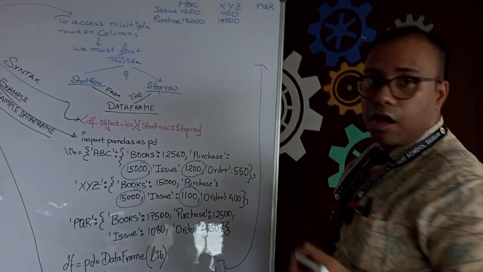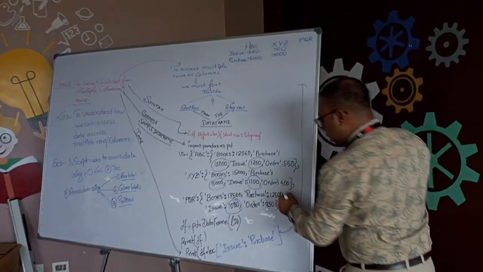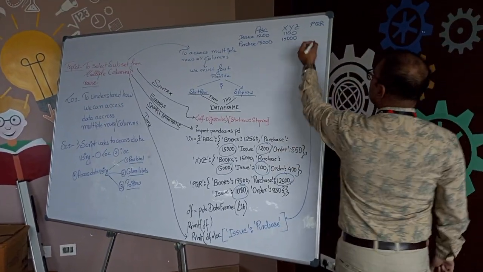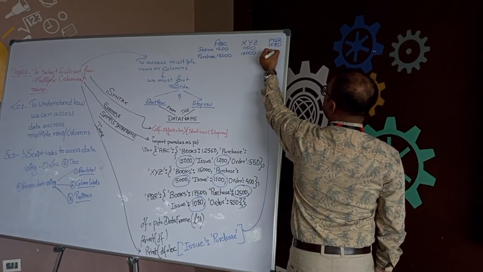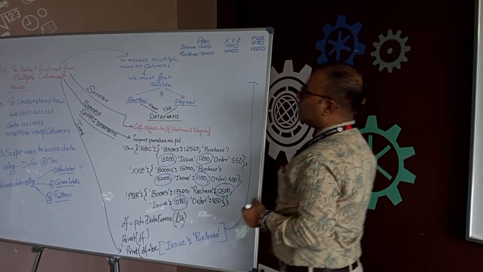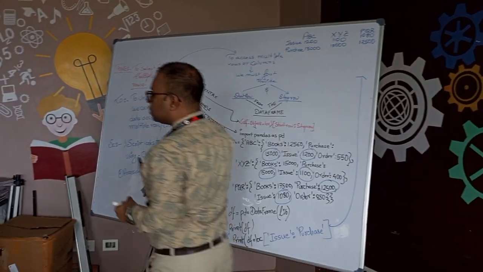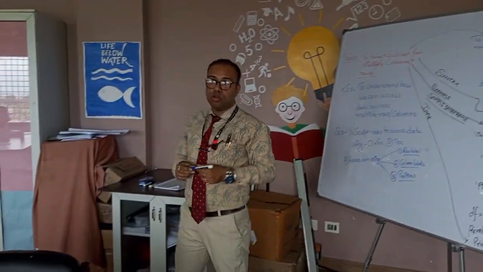Is that clear? Now, Shiny, you tell the last one please. That is issue colon purchase for PQR. 1080 is issue. 1080, okay. And purchase is 12,500. 1080 and 12,500. In this way, we can access multiple data from rows and columns.